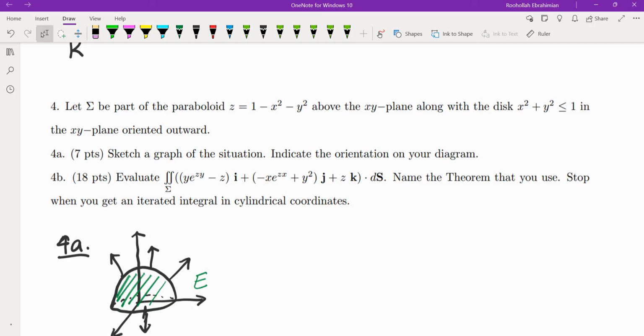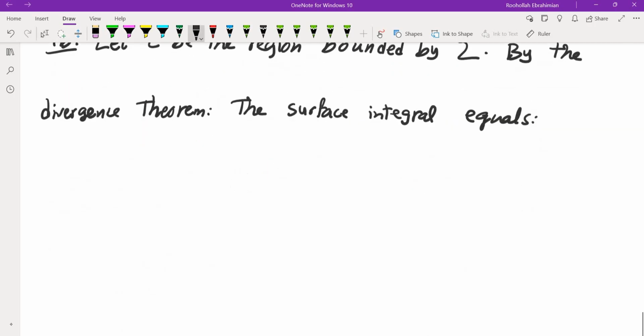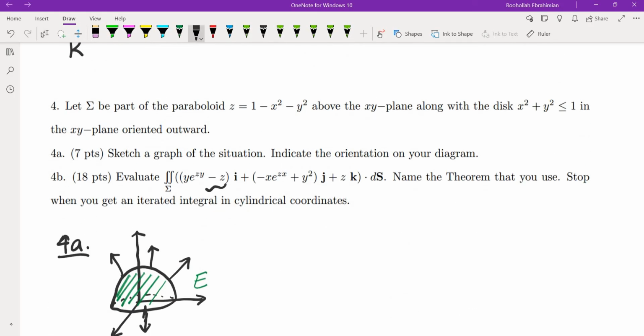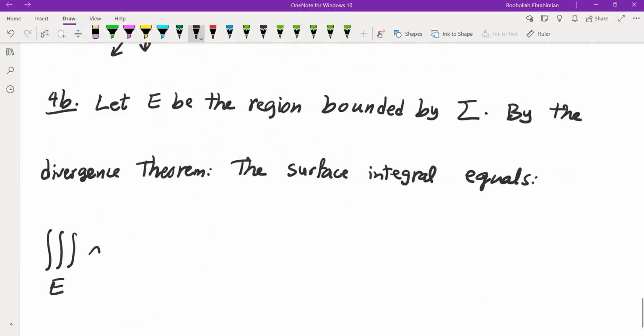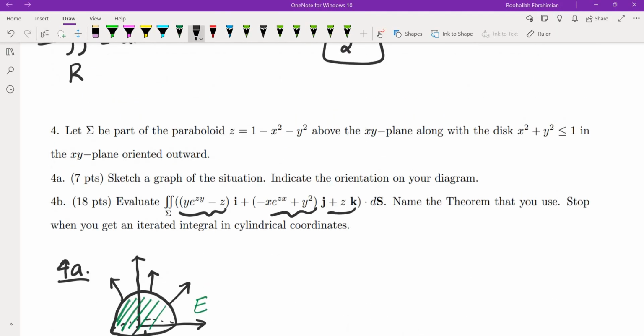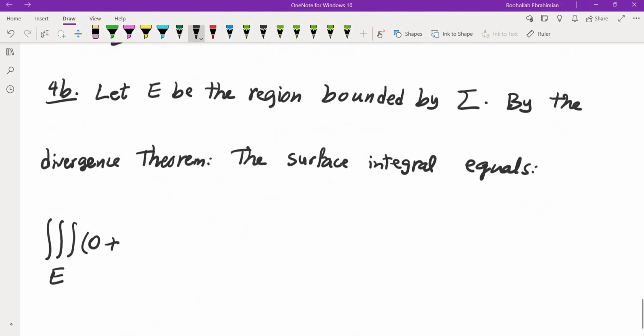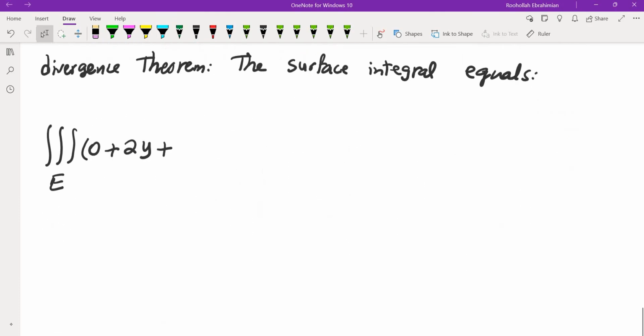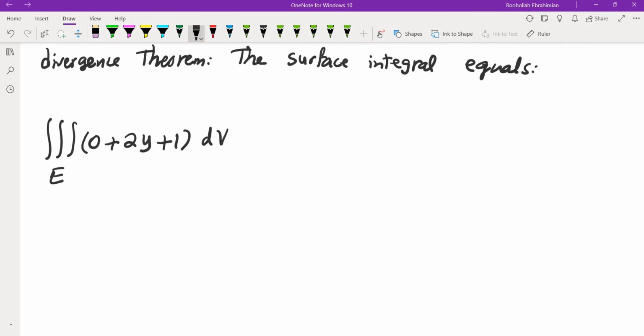It was outward and this is also outward. So it will be the triple integral over E of the divergence. So derivative of this one with respect to x, that's 0, plus derivative of this one with respect to y, that's 2y, plus derivative of the last one with respect to z, which is 1, dV. So this is what we get.